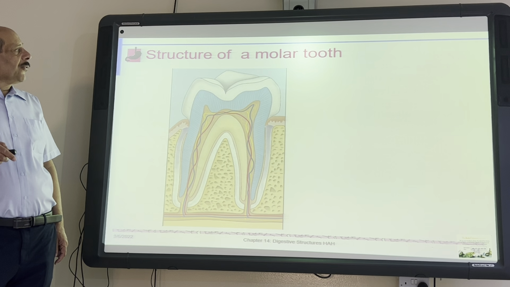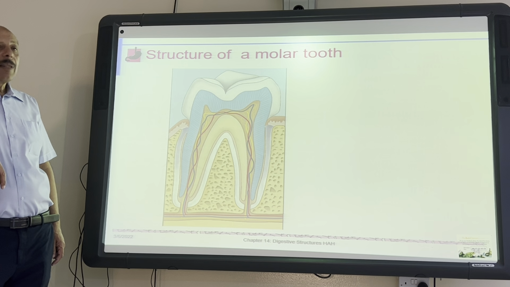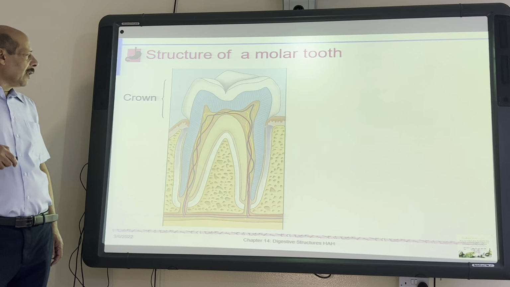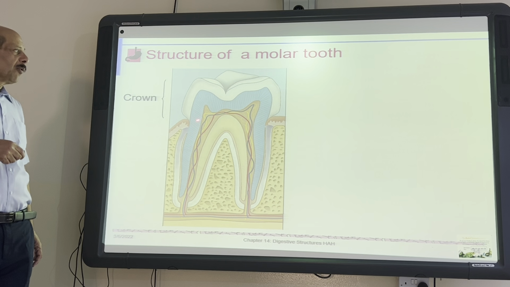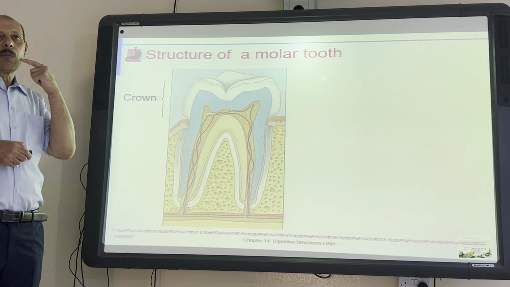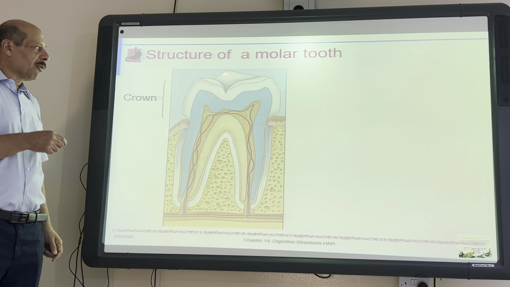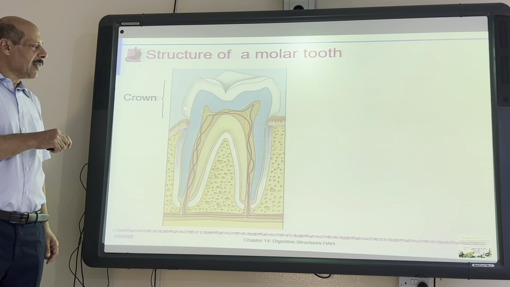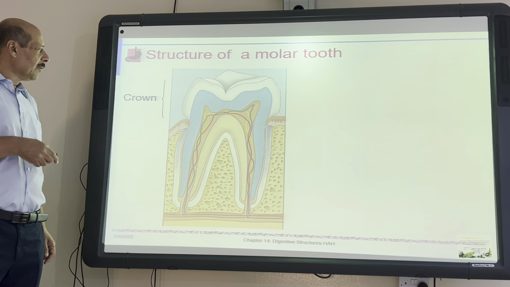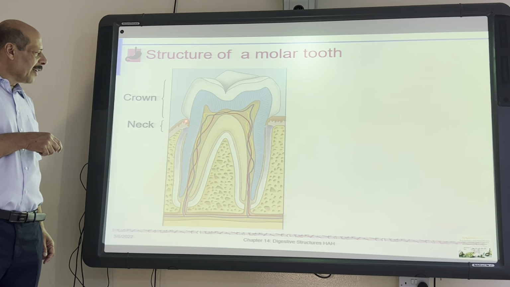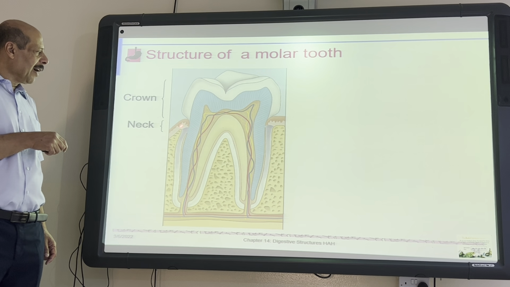Then we have the tooth or the teeth. The structure of the teeth: the thing that we are seeing, that white part of the teeth out of the gum, is called the crown. So this is the crown of the teeth. And here the neck, which is covered by the gum.